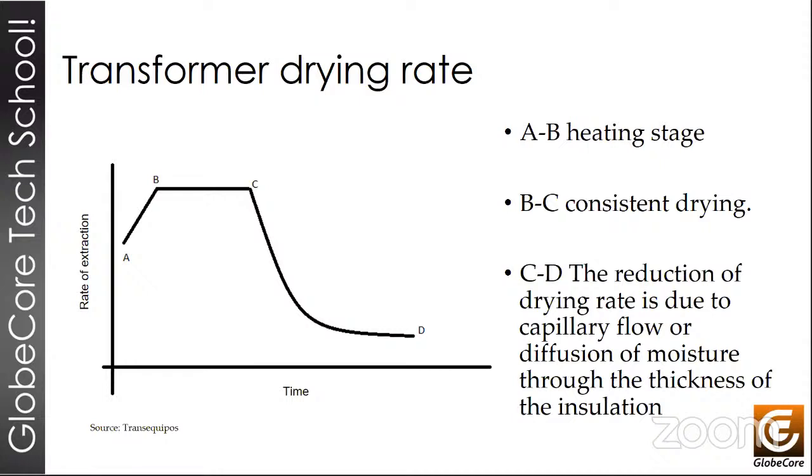There is water inside that paper in the inner layers of the windings, and that water must pass through the outer layers before it can be removed. The slow rate of this passage of water causes this decline in the rate of water extraction. And so drying paper can take a long time. Therefore, it's a long process.